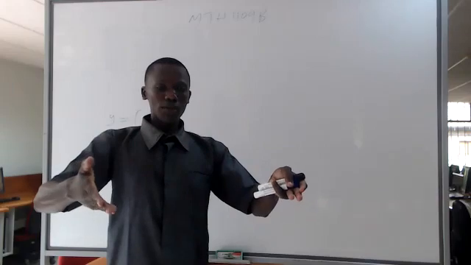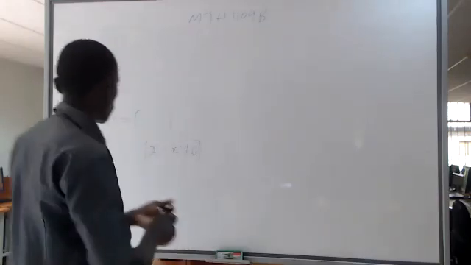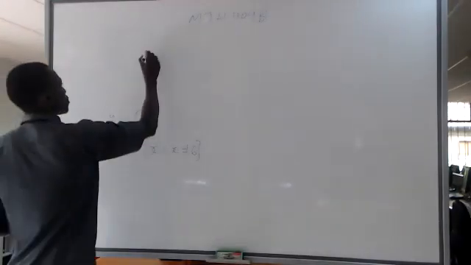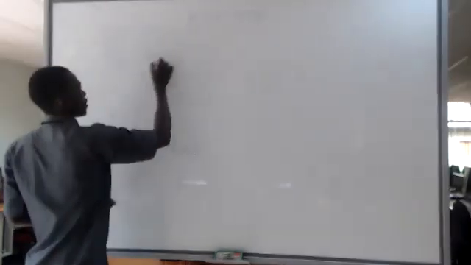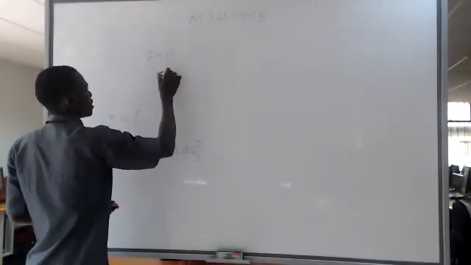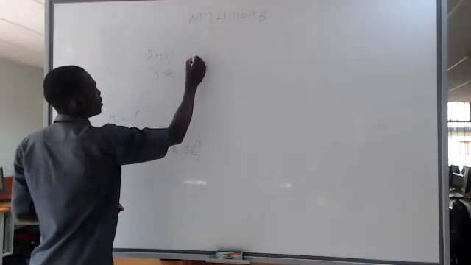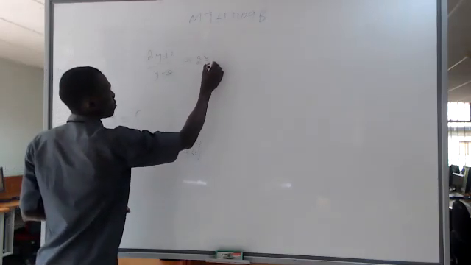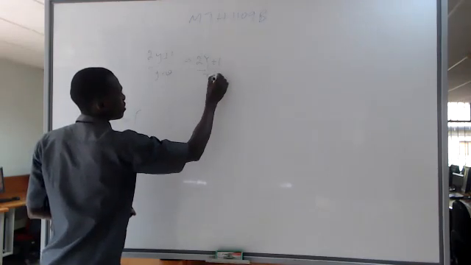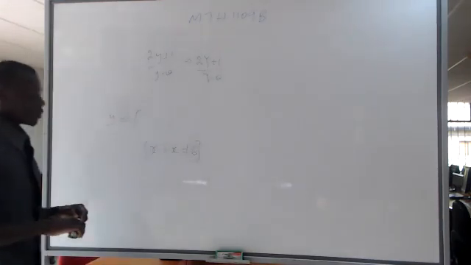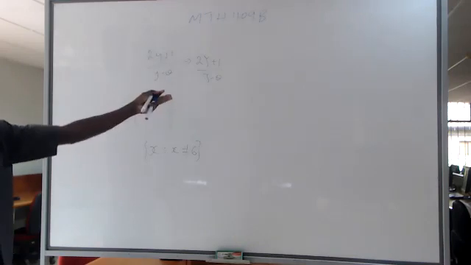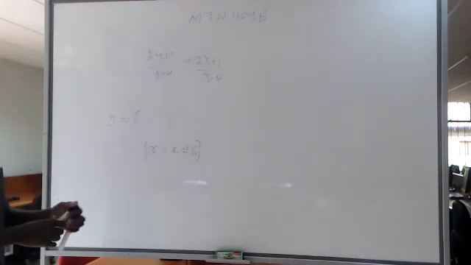That gives you the domain. Then the value of the function at gamma: the function was 2y plus 1 divided by y minus theta. Just substitute, since y is a variable. The value of this function will be 2 gamma plus 1 divided by gamma minus theta. That will be the value of the expression at the point y is gamma.